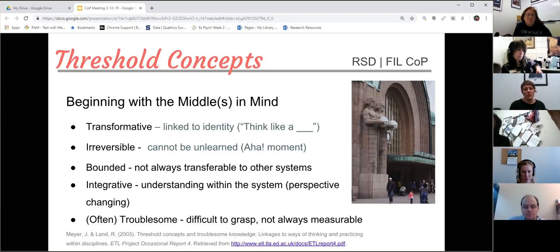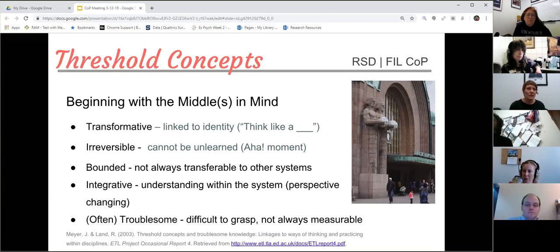So they started looking at it from the perspective of a theory of threshold concepts. So it's important to understand what threshold concepts are and how the theory works before you can take the frames and invoke them, use them well.